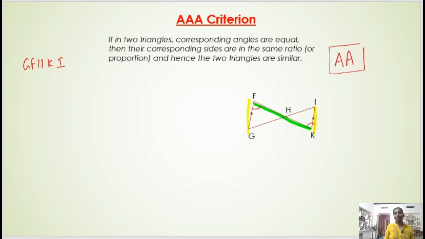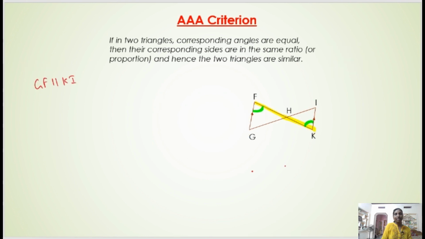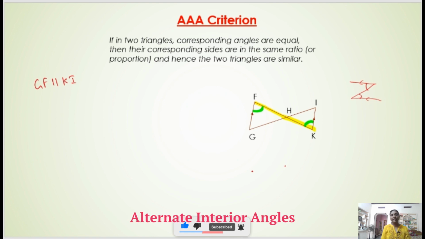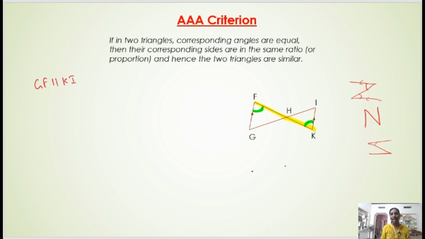It means angle F is equal to angle K. Whenever you find a Z shape like this, it means these are parallel lines and one transversal cuts them. You have a pair of alternate interior angles. Okay, you may find Z in this way or Z in this way. It looks like N also. Then you will have alternate interior angles.